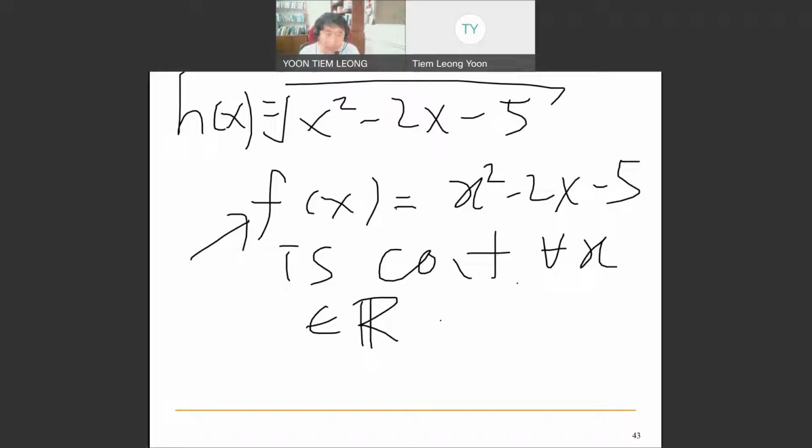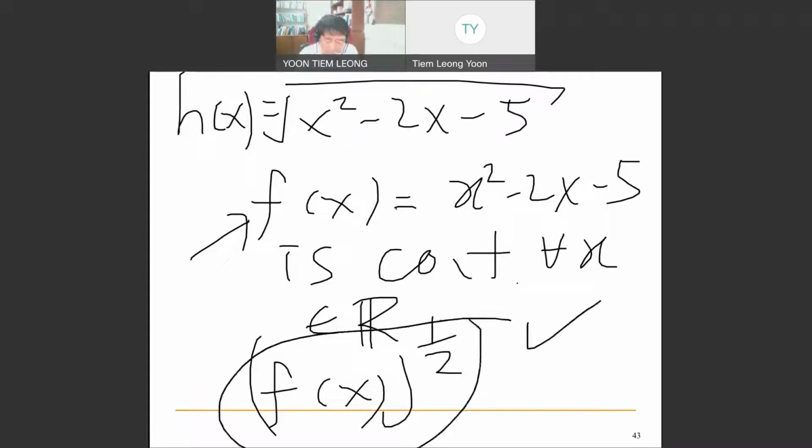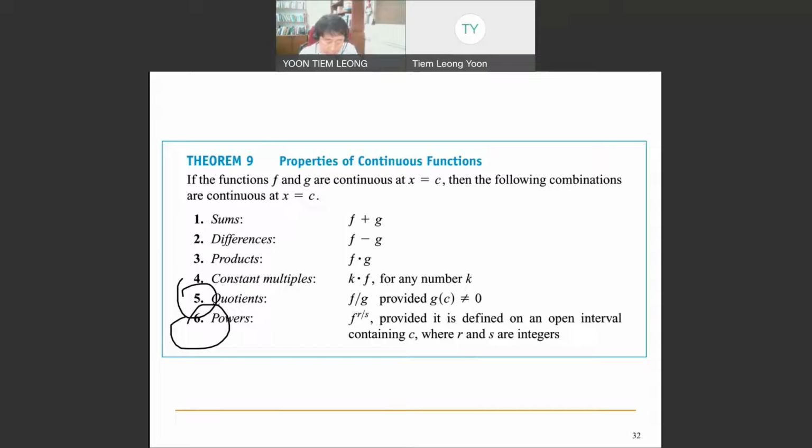Therefore, by the argument of Theorem 9, if f is continuous at all points x, and if this is raised to the power of a half, then this new function is continuous by virtue of the Theorem 9 power law, where here r is set to be 1 and s is set to be 2. So you prove the continuity of this very simple function by using Theorem 9.